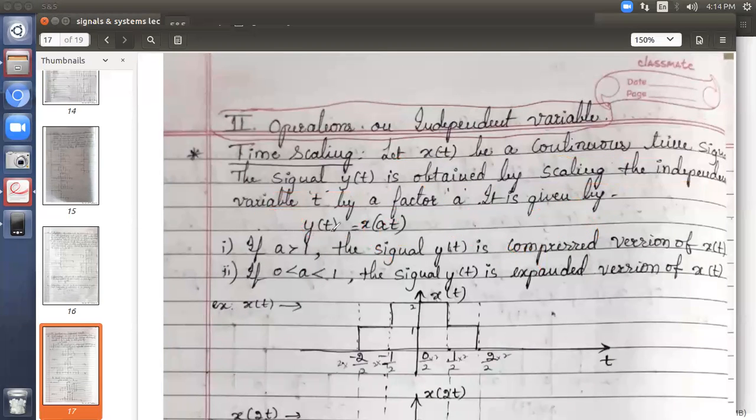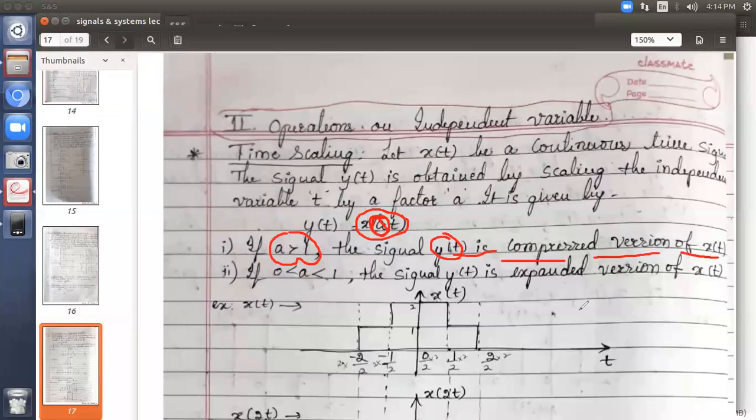Here again we'll be getting two conditions depending on the a value. If a is a whole number greater than 1, say 2, 3, 4 like that, then the signal you get when you do this time scaling operation, your final output signal, will be a compressed version of x of t.